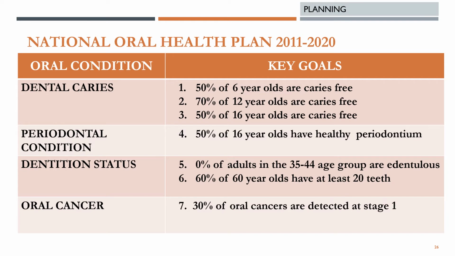The key goals will be analyzed, and we hope we will get the information this year to see whether the goals have been achieved. And at the present time, they are now doing the National Oral Health Plan for 2021 to 2030.